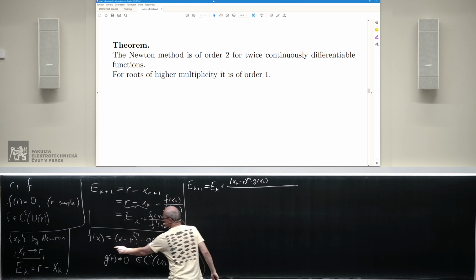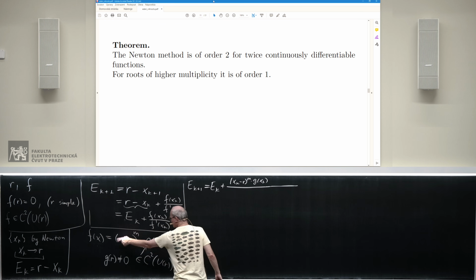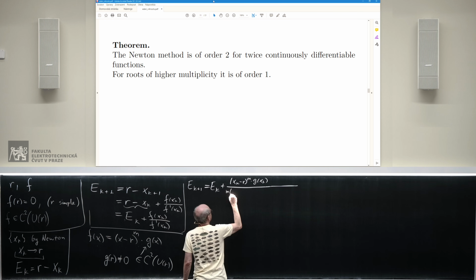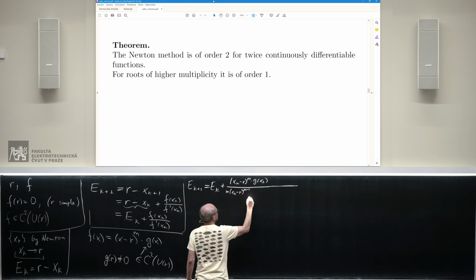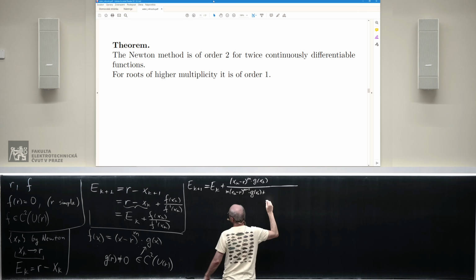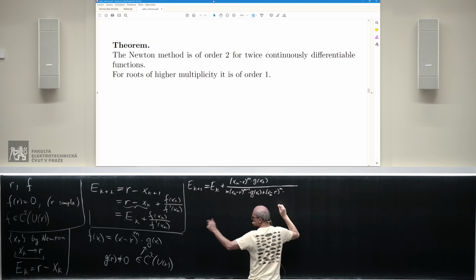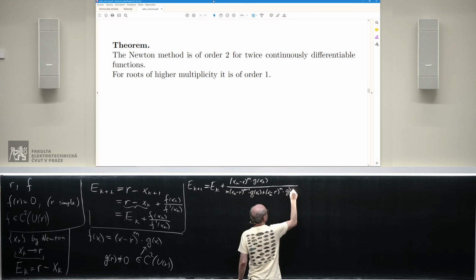I'm differentiating this function f, which means here I have to use the product rule. First, I take the derivative of the power: m times (x_k minus r) to the power m minus 1 is multiplied by g(x_k). Plus, the power is kept, (x_k minus r) to the power m, and I substitute into g prime my point x_k.